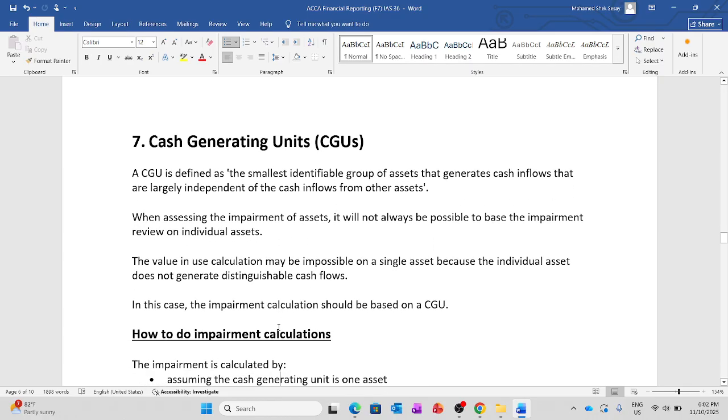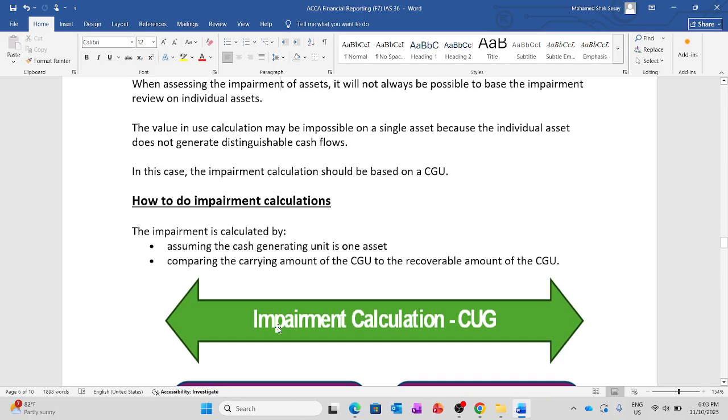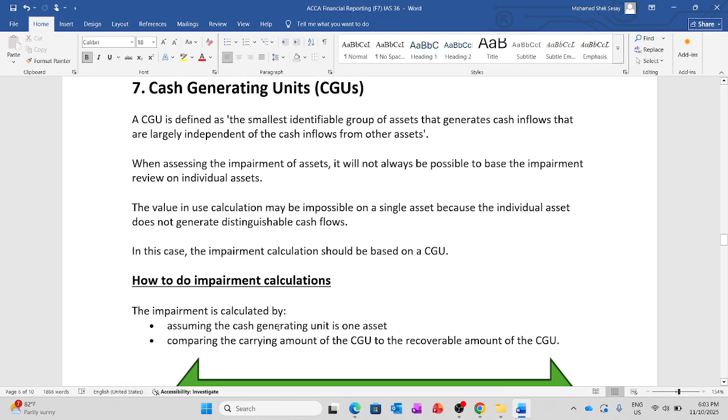And so now we are going to look at the cash generating units. One of the key areas that you need to focus on, because in most examinations this area will be tested regularly, especially in the multiple choice questions. So when we're talking about the cash generating unit, it's the smallest identified group of assets that generates inflows that are largely independent of the cash flow from other assets.